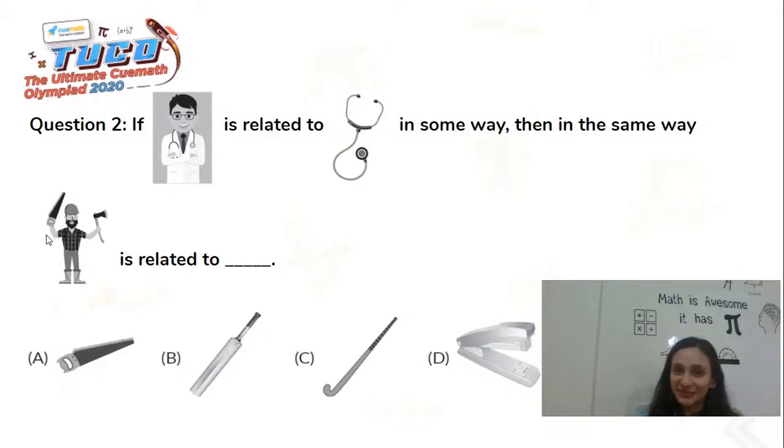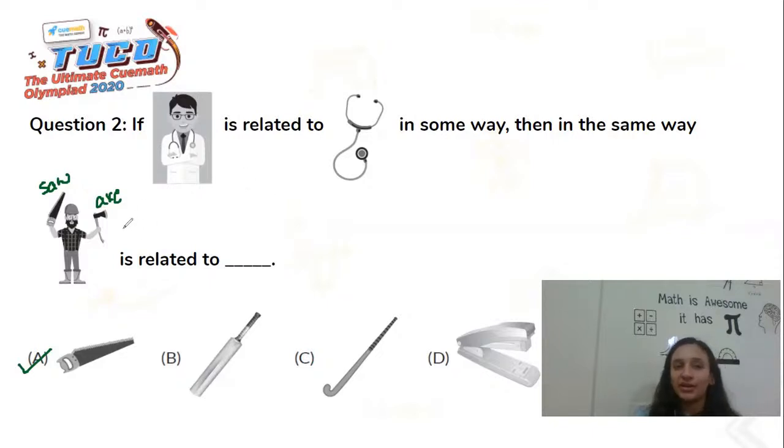So clearly from the options we can say which is the correct answer, because he already has that tool in his hand, and that tool is basically a saw, because this is an axe. The other tool that we have is a saw, and it's a hand saw, which is used to cut wood. So the correct answer to this question becomes option A. That is, a doctor has his stethoscope as his primary instrument.